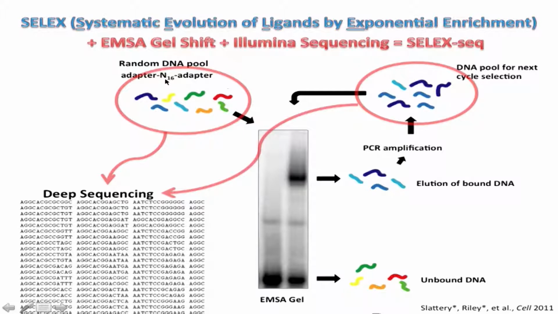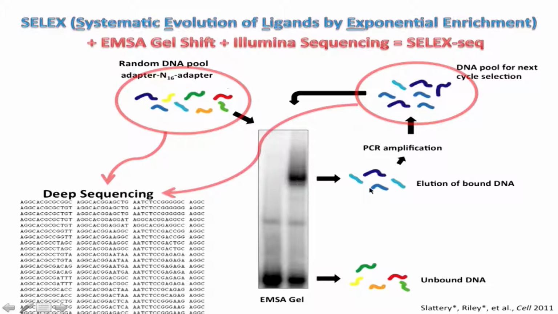We just throw in our proteins, extradenticle and the Hox protein, and let that reach equilibrium. Then we do the EMSA gel shift, and we elute out the complex that corresponds to the heterodimeric complex. So this band here corresponds to the heterodimeric complex, I think this one here is the monomer band, and this is unbound DNA.